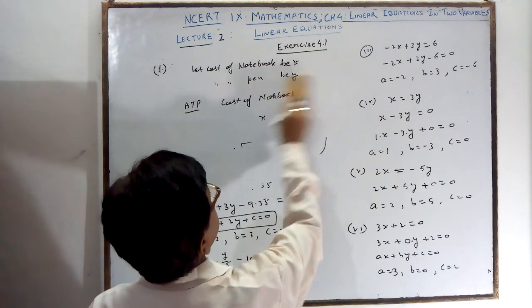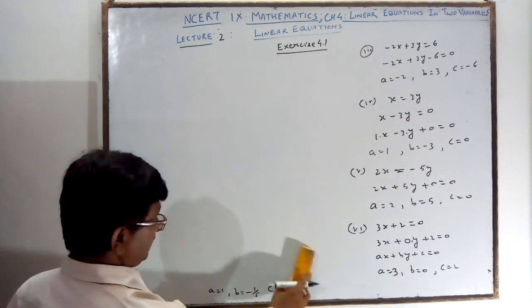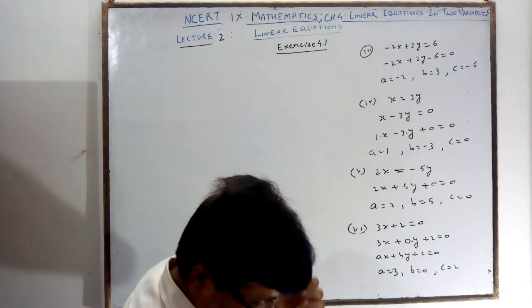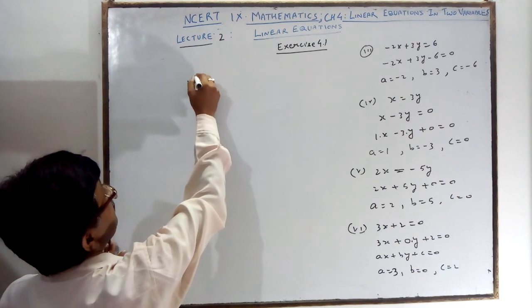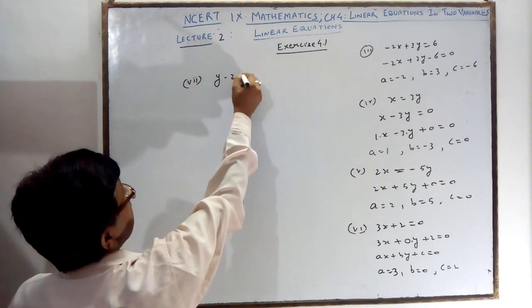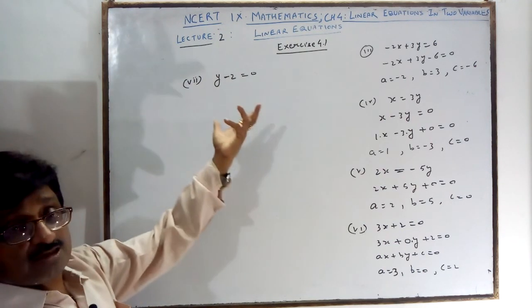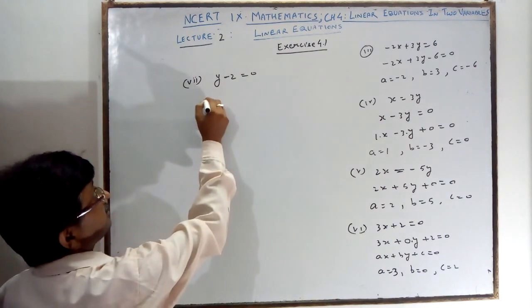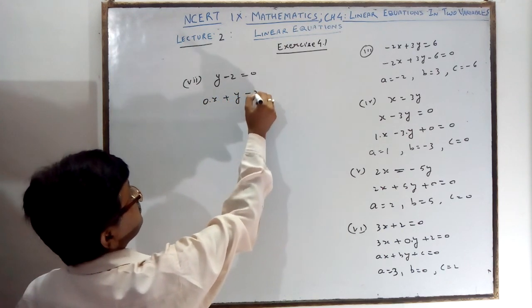Next is the seventh part. There are 8 parts in total. Seventh part is given: y minus 2 is equal to 0. Here y is given but x is not given. So what will you get? 0x plus y minus 2.